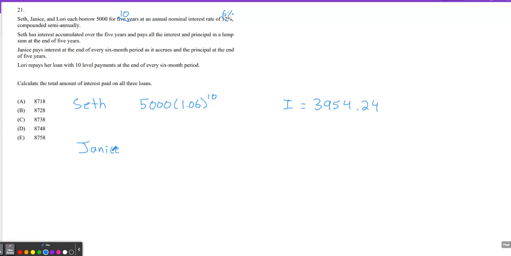So that's pretty useful because we can just say that every single time period, she pays 5,000 times 0.06. She pays 300 each time period, right? 5,000 times 0.06. And then she has 10 payments to make. So that's the amount of interest she gets. Okay, great. So we get 3,000.